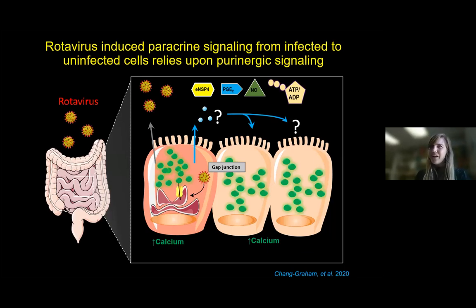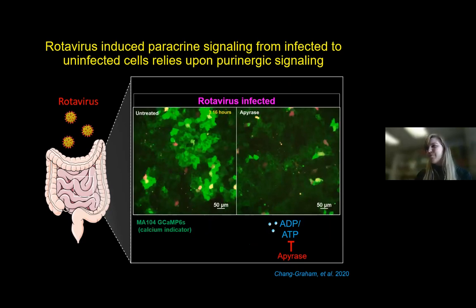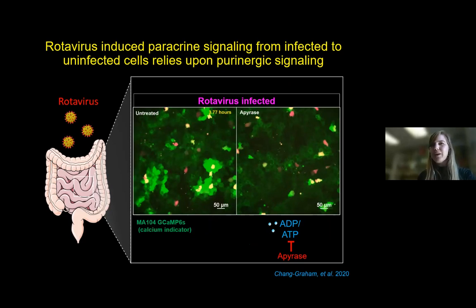And spoiler, as you probably have already gathered based on Fran's talk, what we were able to find is that these calcium waves occurring during infection rely solely upon purinergic signaling of ATP and ADP. And just to repeat what Fran had shown, when you hydrolyze the availability of ADP and ATP, you definitely dampen those calcium waves that occurred during infection.